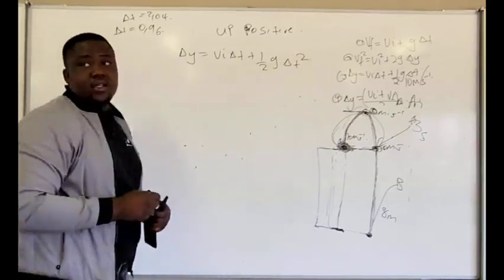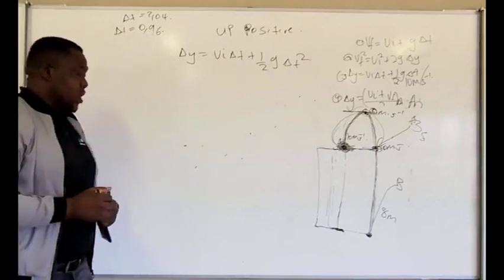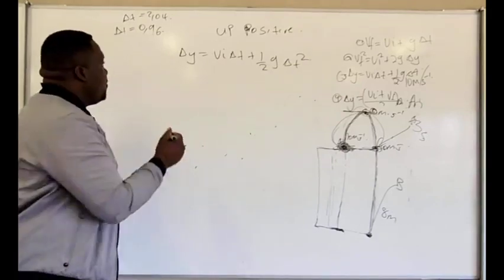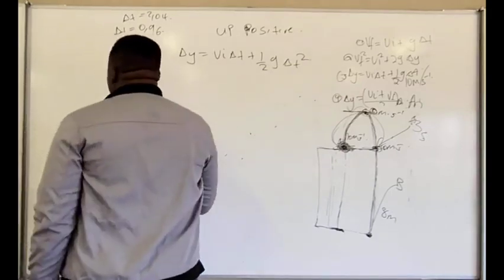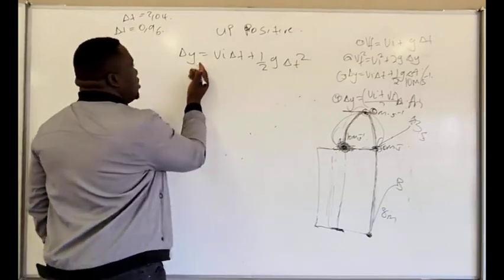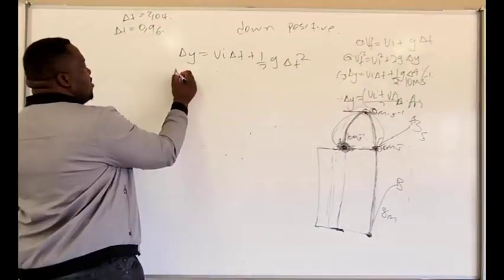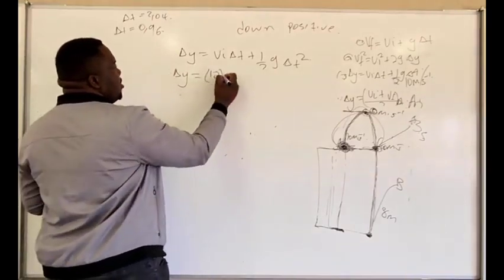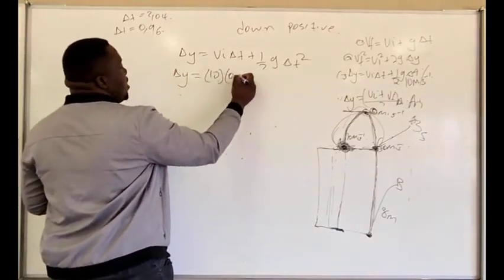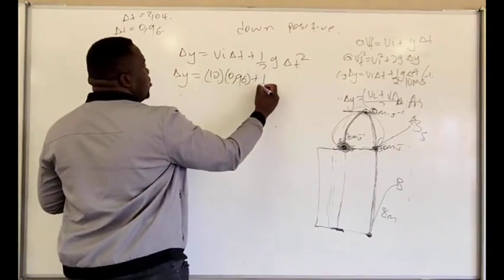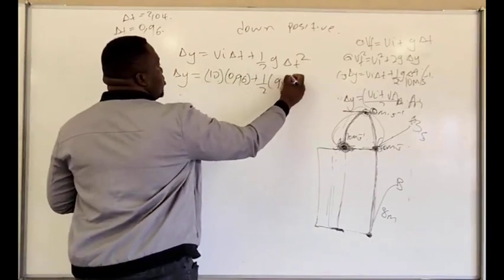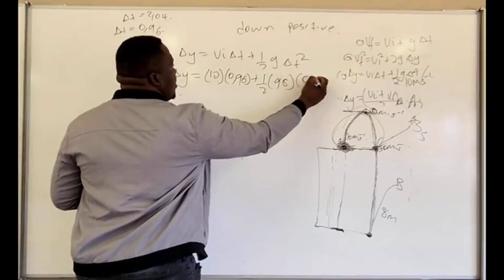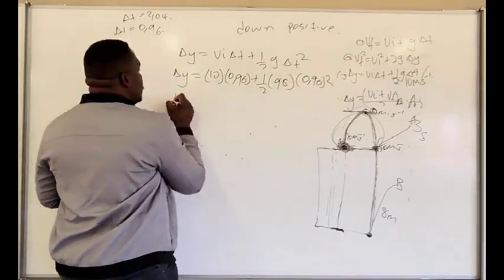You understand? Then we're going to have delta y, with initial velocity which is going to be 10, times 0.96, plus 1 over 2 times 9.8, times 0.96, then we square.